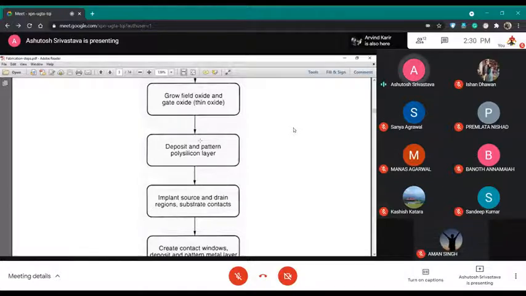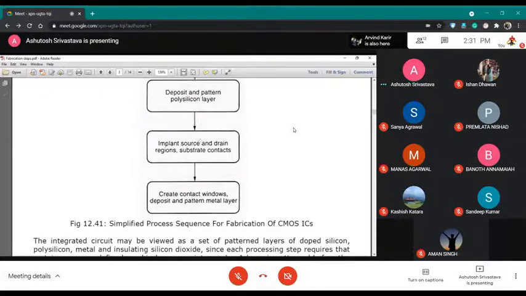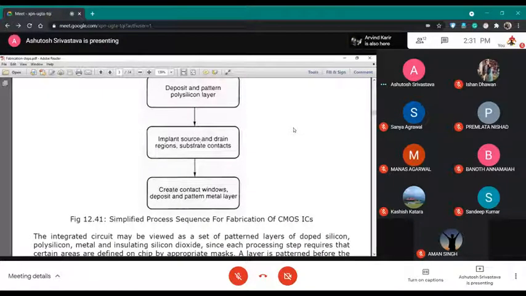This is followed by the contacts at the bottom substrate. The next step, please note down, these are fabrication steps, and it's very important and very critical.